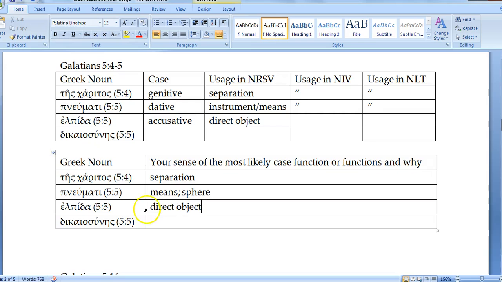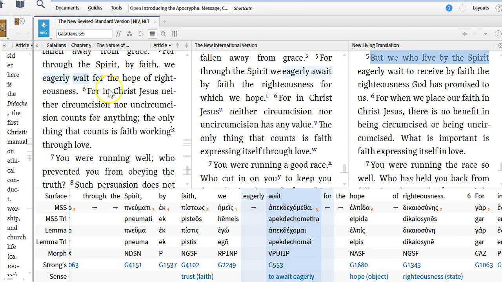And that's frankly the only way to understand it in the Greek. Now, the genitive dikaiosune in the NRSV looks like it's describing hope. We await the hope of righteousness. What kind of hope are we waiting for? The hope of righteousness. We could, though, even in English, think about this in terms of other major genitive case uses.